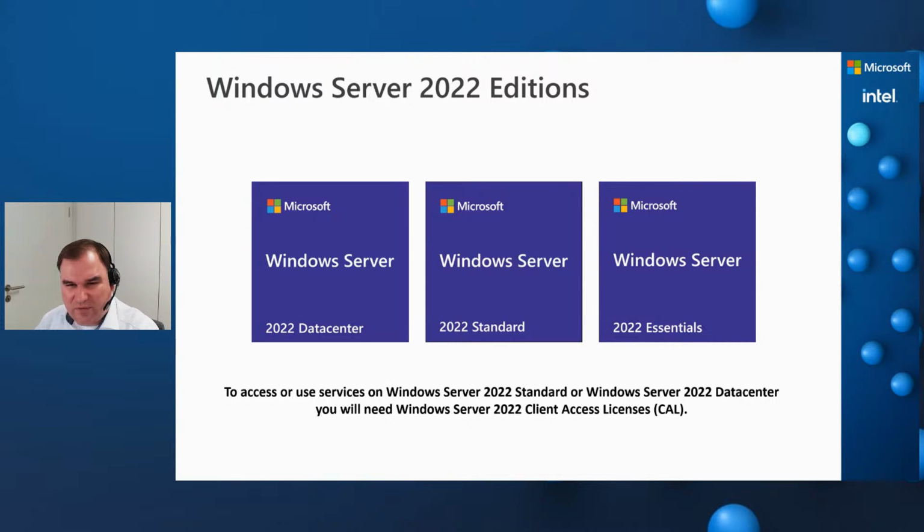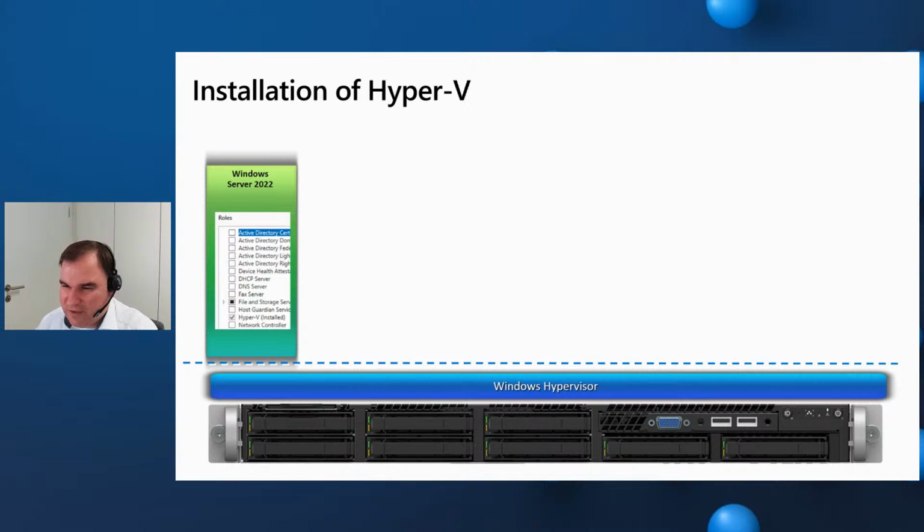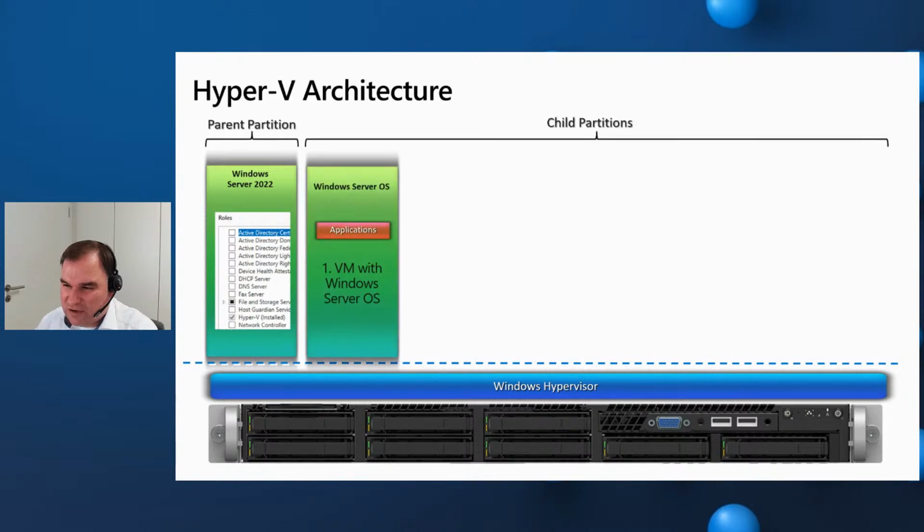When we discussed the licensing part, we have learned that Hyper-V is a real hypervisor and that Windows Server 2022 Essentials provides usage rights for what we see here actually.